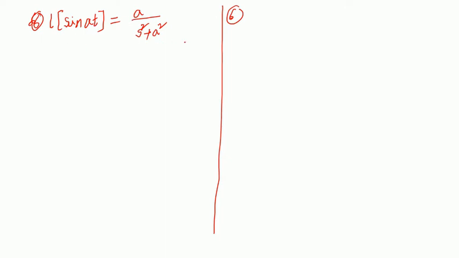L inverse of 1 by S square plus A square is equal to, A is a constant, bring this side, sin AT by A. So L inverse of 1 by S square plus A square value is sin AT by A.